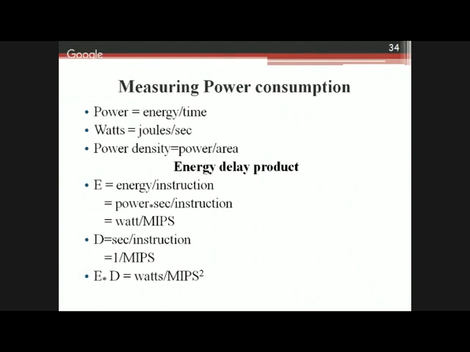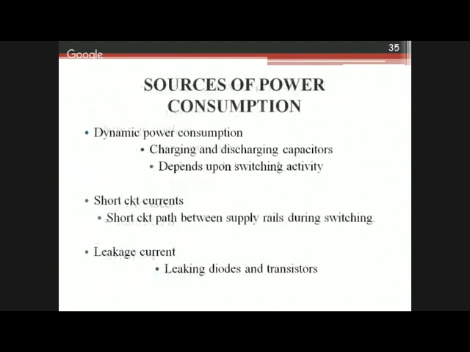So there is a trade-off between energy and delay. That's why their product is considered as a single term. The most important thing is that if your delay reduces, the execution time of the code reduces. So it's a trade-off: if energy is reducing, on the other hand the time to execute the code increases. So we have to take care of this.